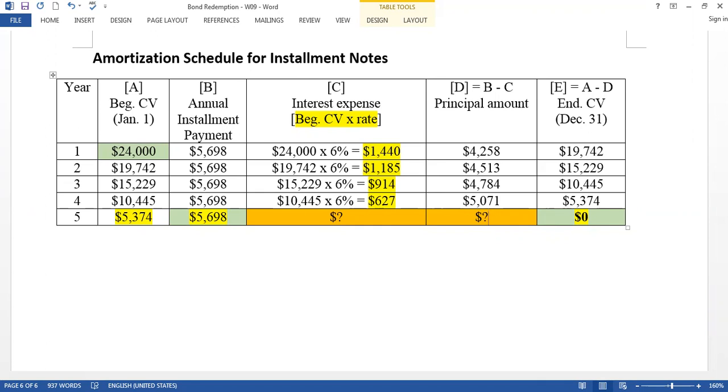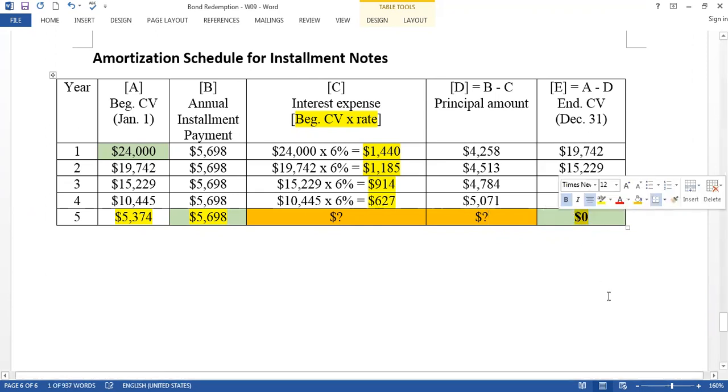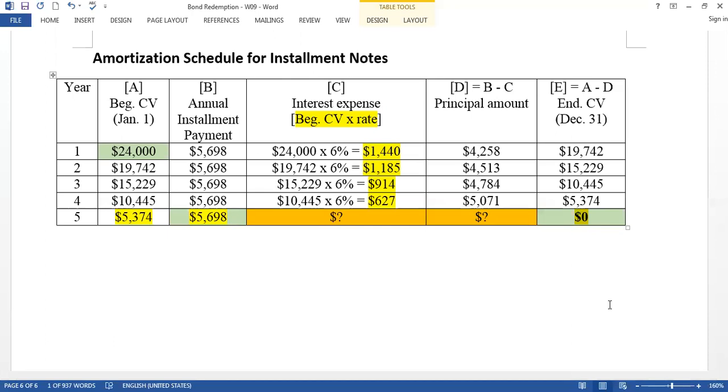We cannot change this number. B is $5,698, fixed. And we also know that at the end of year 5, it should be $0 because this is called an installment note. This is the definition of an installment note. So if this is the case, how can you handle C and D?